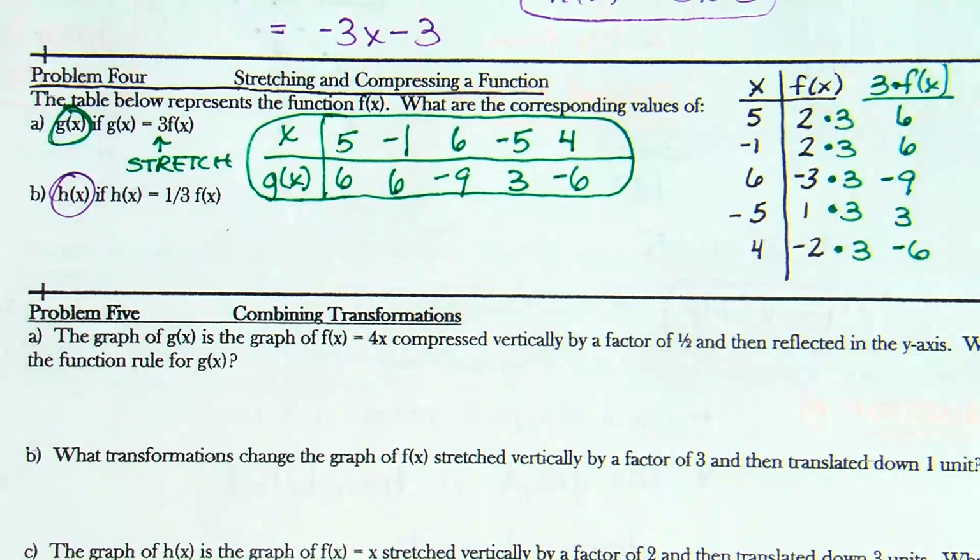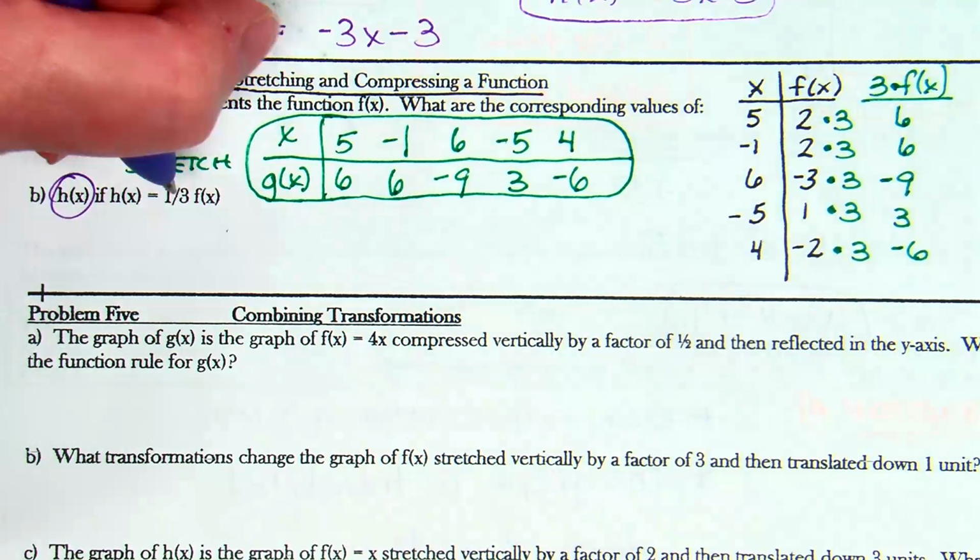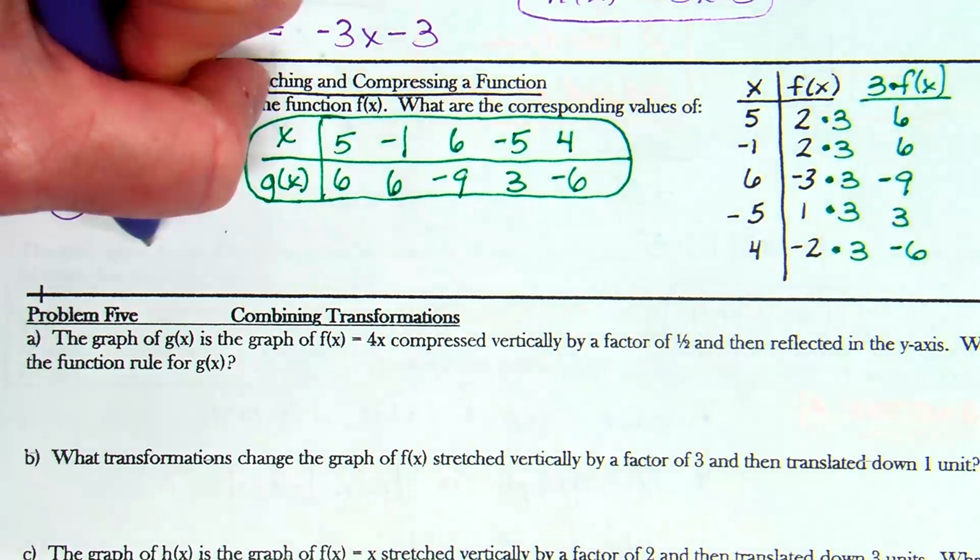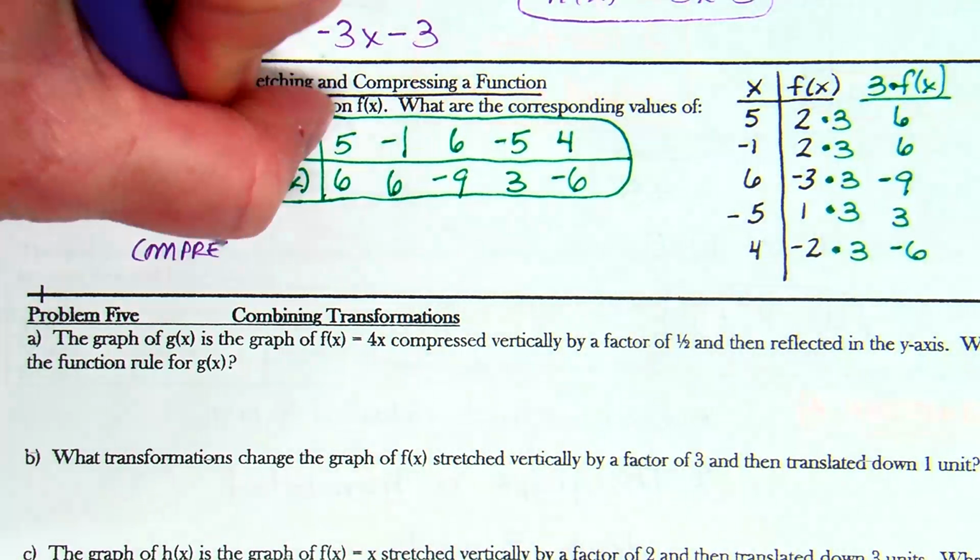This is going to be a compression. If you prefer to use the word shrink, I can handle the word shrink. Okay? Now, we're doing 1/3 f of x, aren't we? I have a little bit of space over to my right here that I can still use for the math. Then we'll come back and put it in the chart.